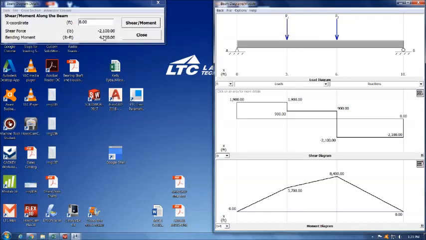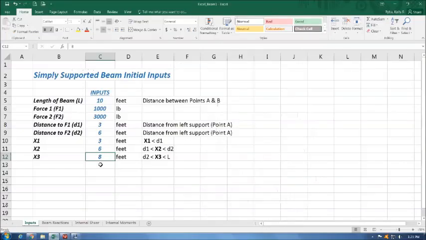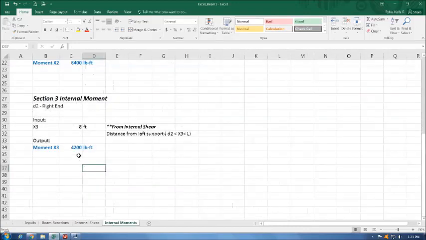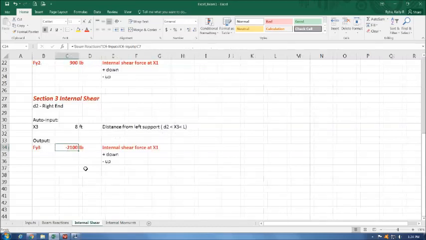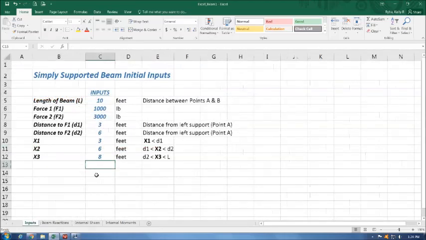That's how you can check to see. So if I go into my spreadsheet and I put in 8 feet for my X3, I go to my internal moment, 4200 is the value that I'm getting, and then here 2100 is the value I'm getting there as well. All right. So make sure that you do the MD Solids.